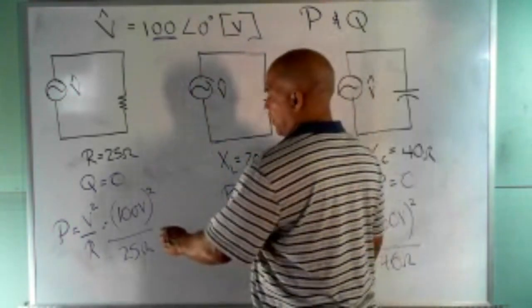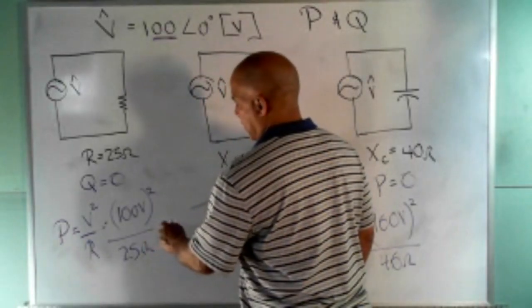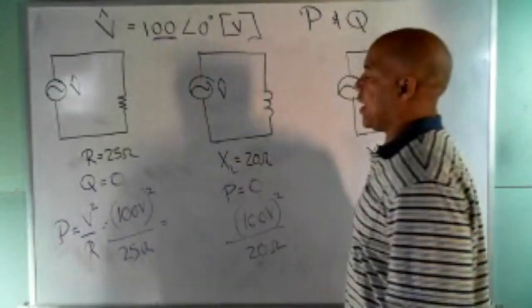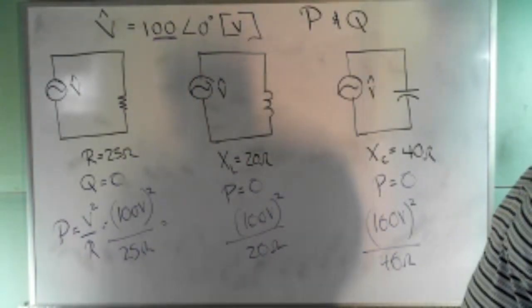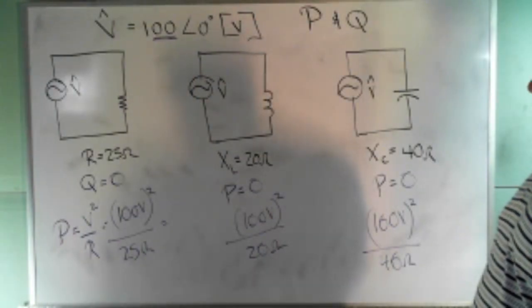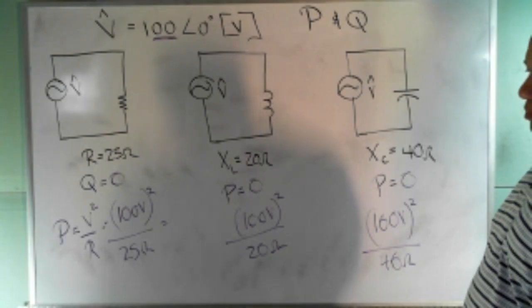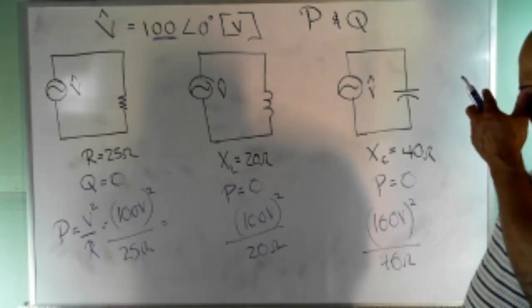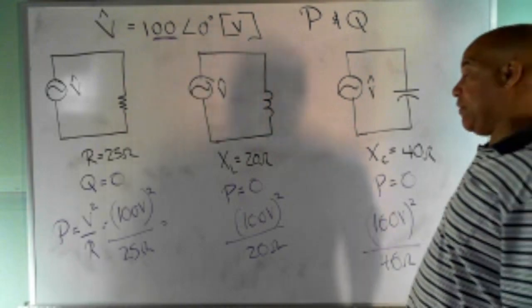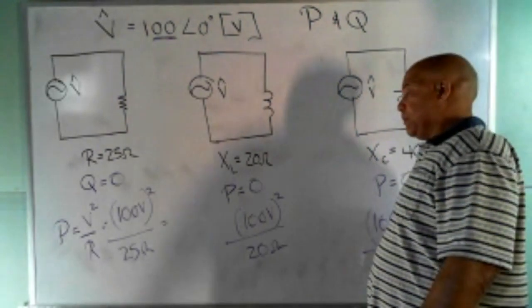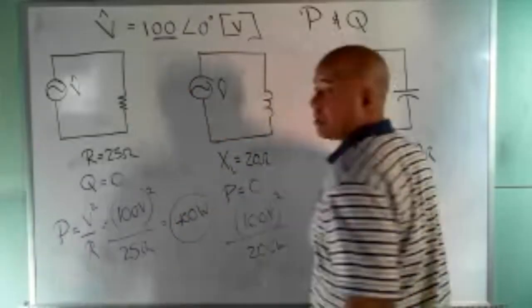So 100 squared, that's 10,000, over 25 is what? 400. So 400 watts.